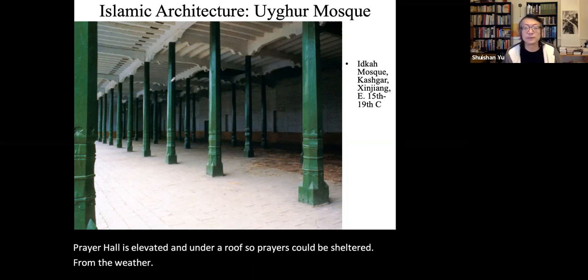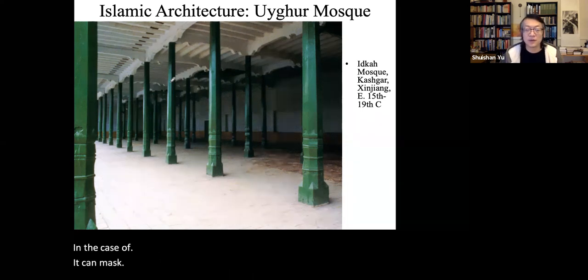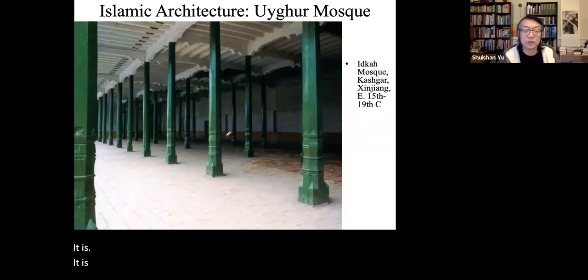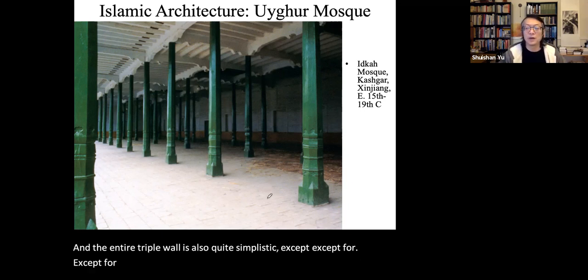But other than that, in the case of Idgah Mosque, it is not very much embellished, and the entire Qibla wall is also quite simplistic, except for the mihrab, the area around the mihrab and the minbar.